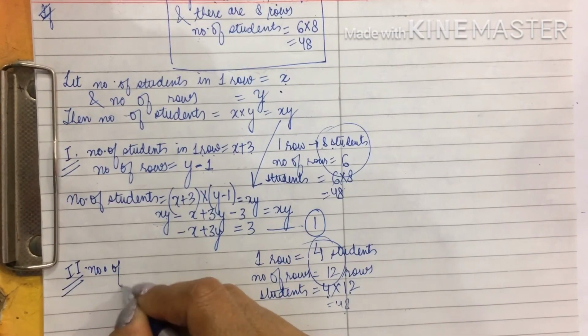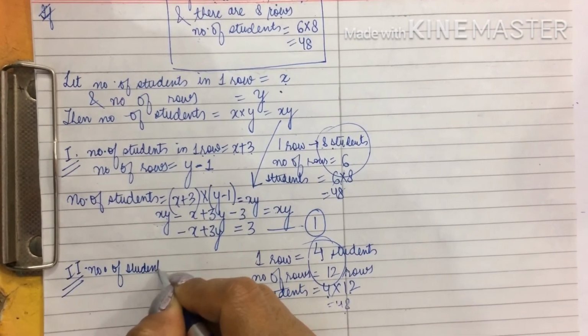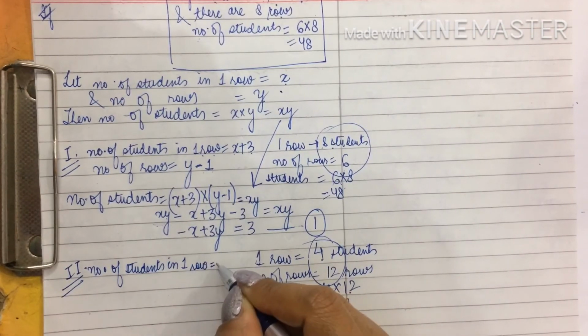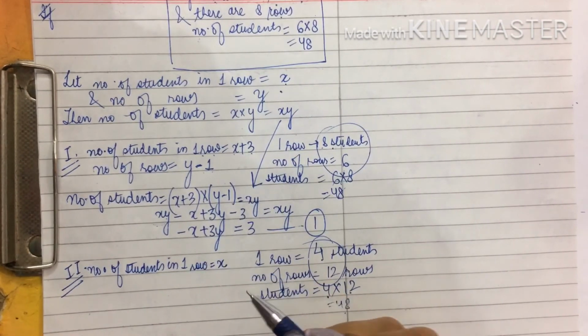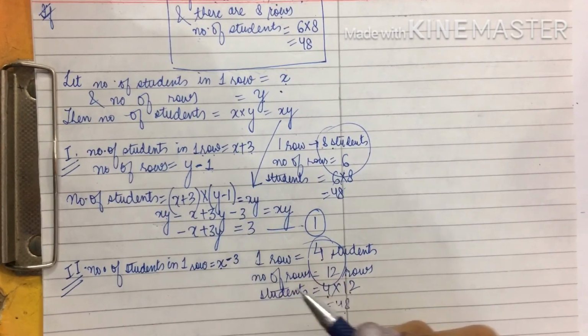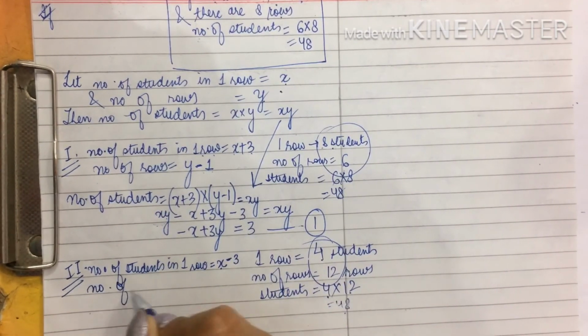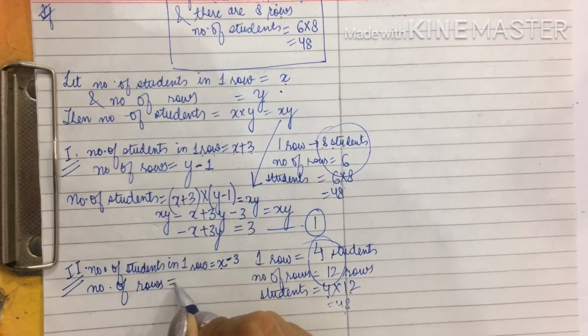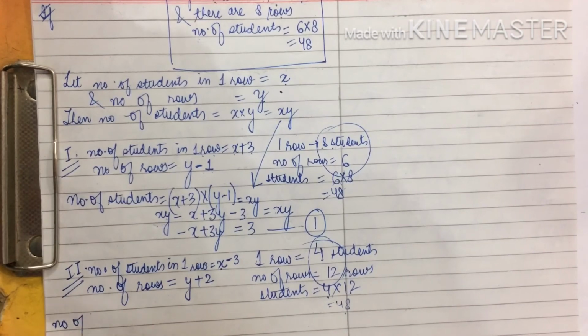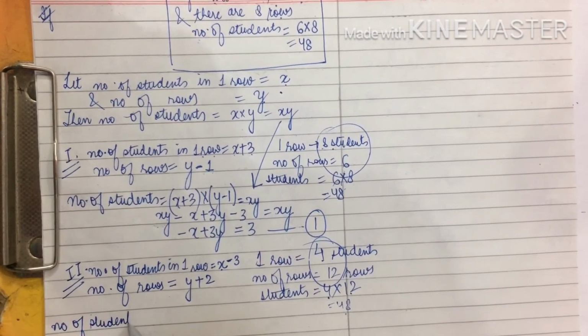The number of students in one row has been reduced. Initially, there were x students in every line. Now they have decreased it by 3. Because of that, the number of rows has increased by 2. But the number of students is still the same in the arrangement.